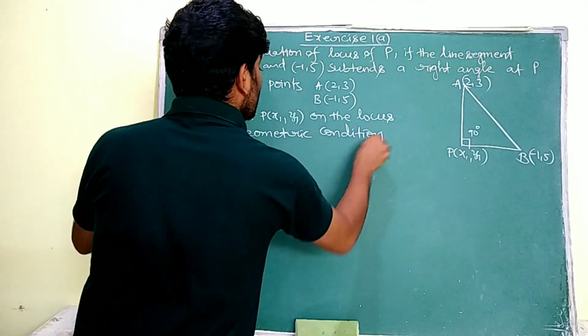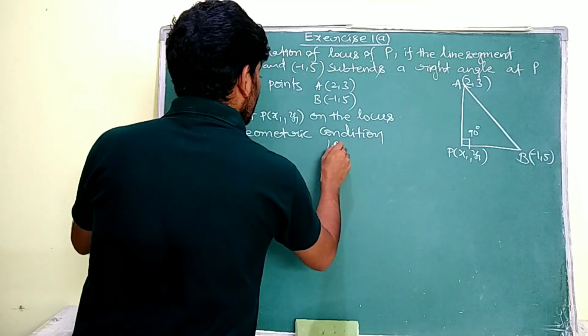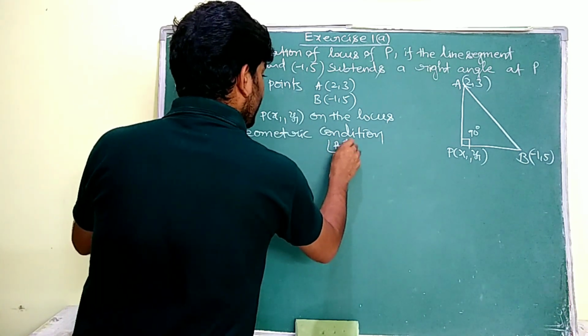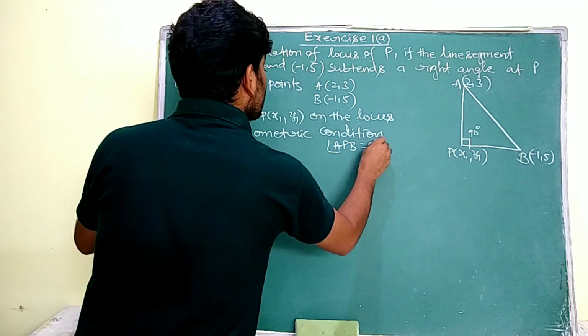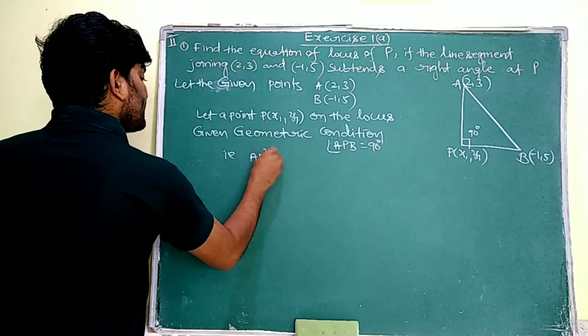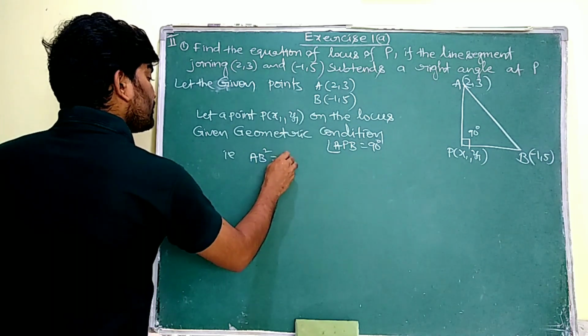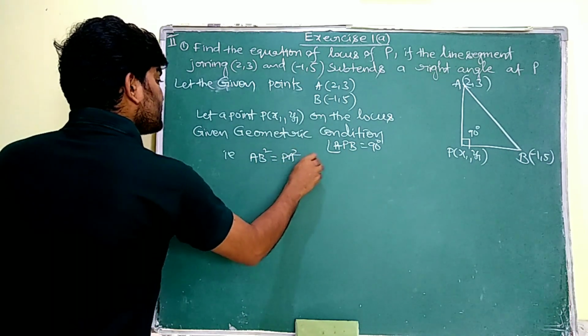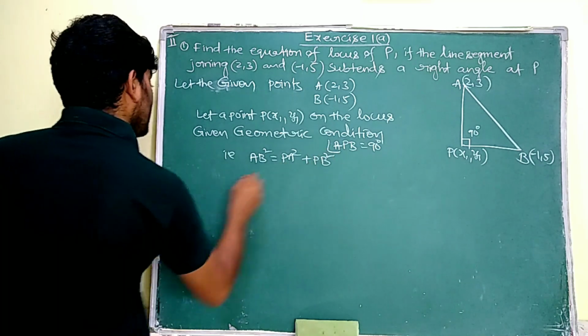The given geometric condition is angle APB equals 90 degrees. Here I am going to apply the Pythagoras theorem: AB square equals PA square plus PB square.